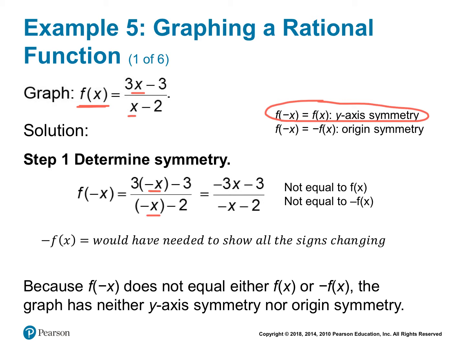Well, that becomes negative 3x minus 3 over negative x minus 2, which is not equal to the original. And it's also not equal to negative f of x, because that would have needed to show all the signs changing. So because this does not equal either of these, the graph has neither y-axis symmetry nor origin symmetry, so it doesn't have any of those symmetries.